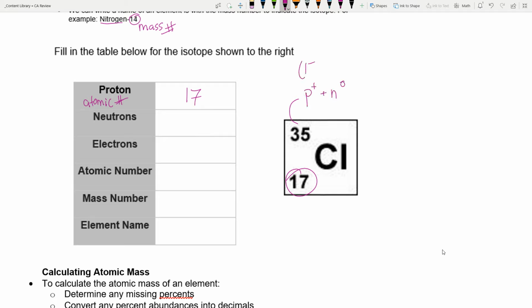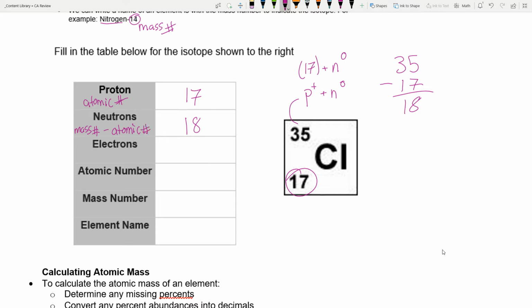And so we know that there are 17 protons, so we have to figure out how many neutrons there are to get us to 35. The easiest way to do that would be to just set up some subtraction. So we know there's 35 in total. If I subtract 17 of them, I have 18 left over, and that tells me there are 18 neutrons. So the rule is take the mass number and then subtract the atomic number.